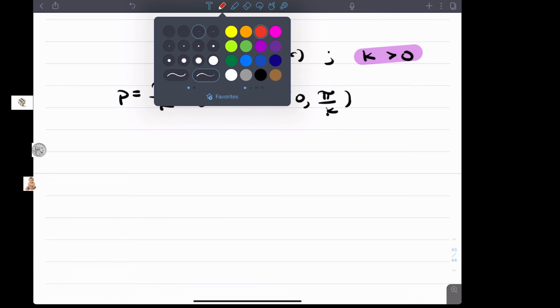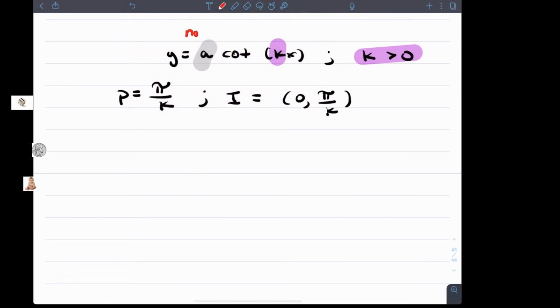I'm going to write that in our notes. This A is not an amplitude. That's an important detail. A could be positive, A could be negative. It doesn't represent the amplitude. It's not part of the definition. It's just like we call it a coefficient in terms of a function.